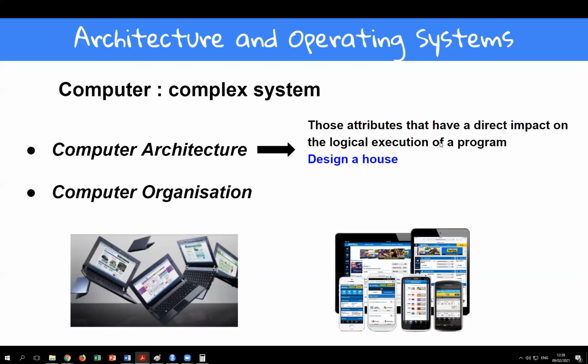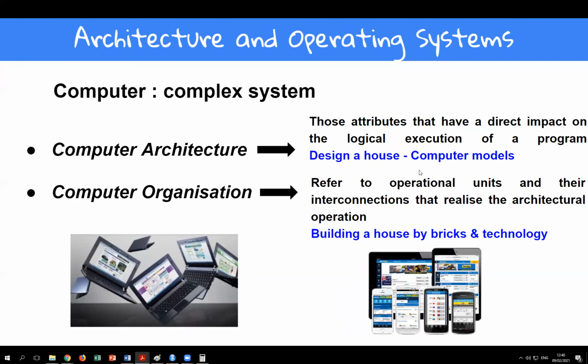When you want to design a house, first of all, you need to draw a floor plan: where is the kitchen, where is the toilet, and where are the different parts of the house. You don't think about the components at that level. So computer architecture talks about how we've got to use different components in a logical way to be able to execute a program. So it's like designing a house.